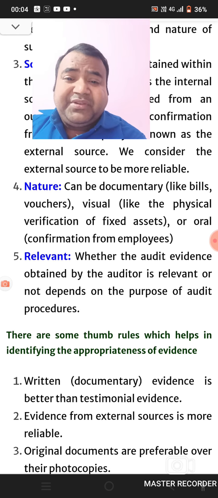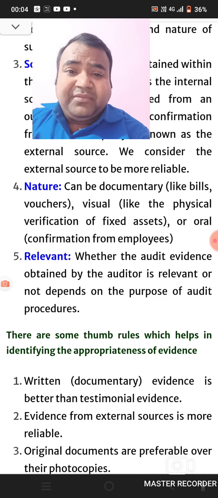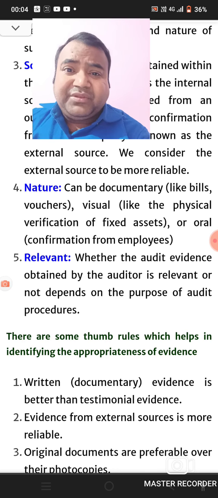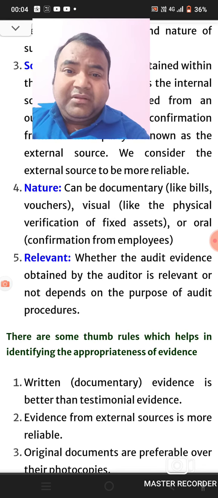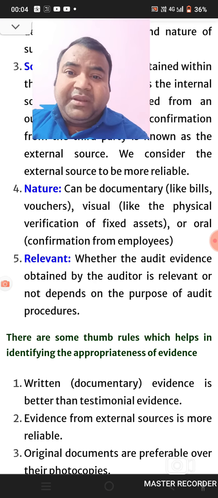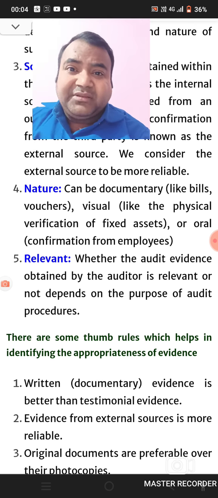Oral confirmation is sometimes required from the employees who are involved in the particular duty or matter for which evidence is to be collected, and evidence is collected from them orally.